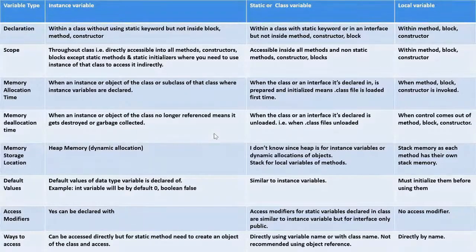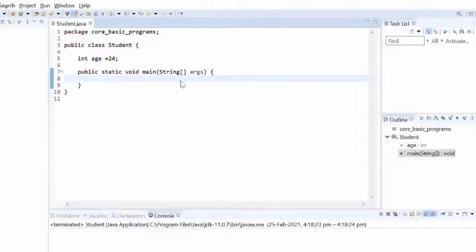Here you can see the scope of an instance variable: throughout the class, directly accessible in all methods, constructors and blocks, except static methods and static initializers, where you need to use an instance of that class to access it indirectly. First you need to understand the object. To access this age variable, we need to create an object of class student.